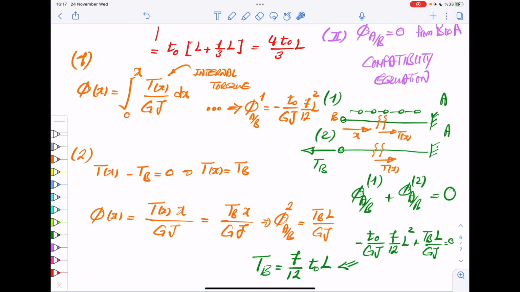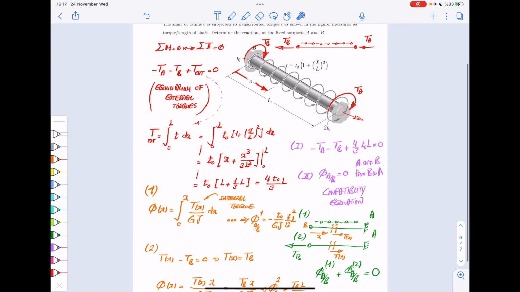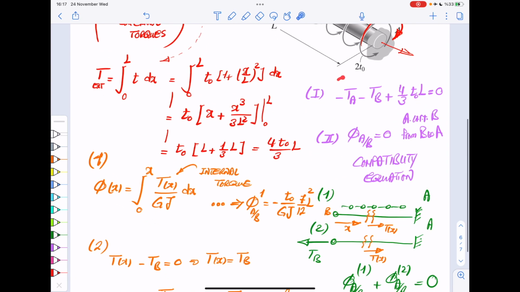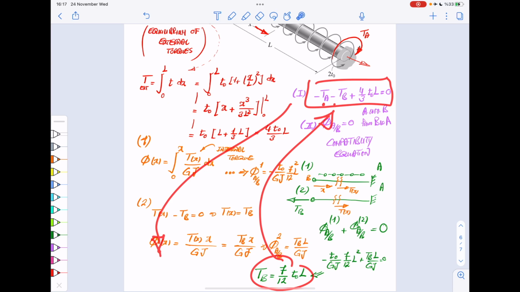Okay, so that's that. Now you have Tb, and remember, this was your first equation. Now, if you just insert Tb into this, you also get TA.